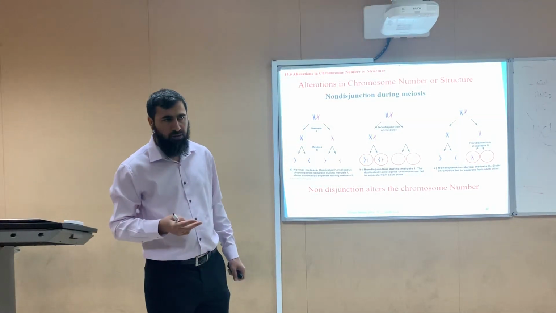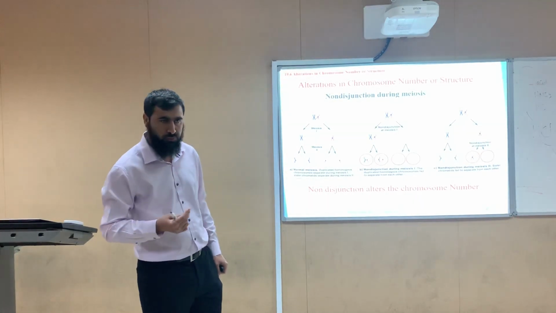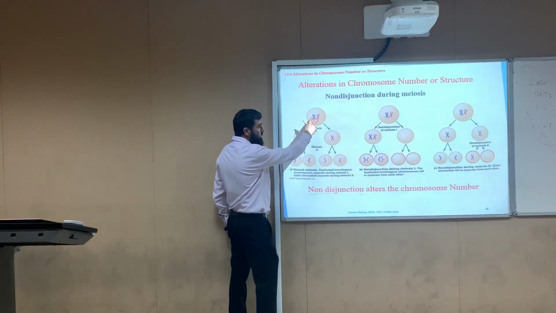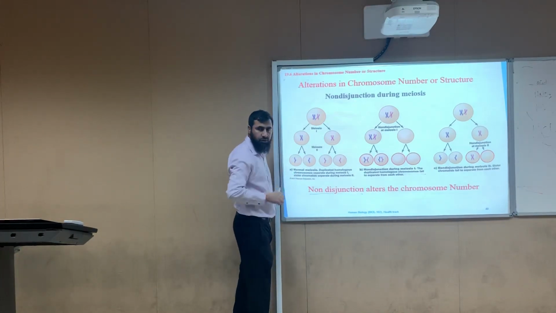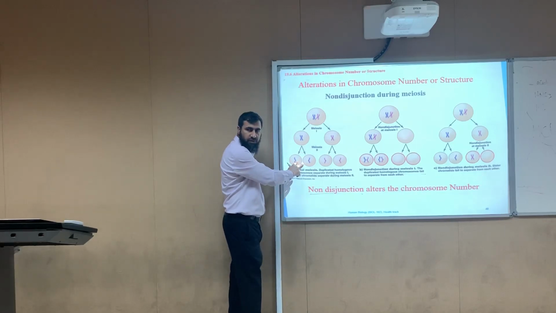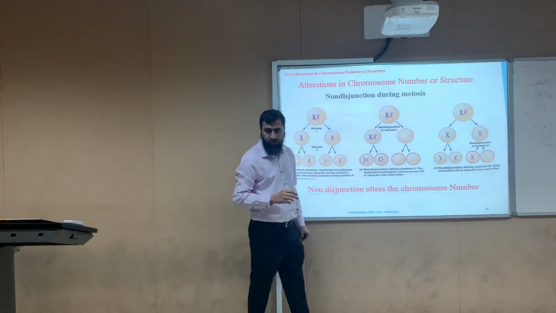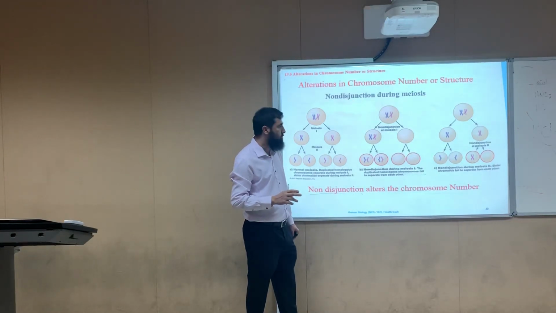It can happen during meiosis 1 or meiosis 2. So here is the normal meiosis: the homologous chromosomes separate in meiosis 1, then you get separation of the sister chromatids. Now, there are two ways to get non-disjunction.